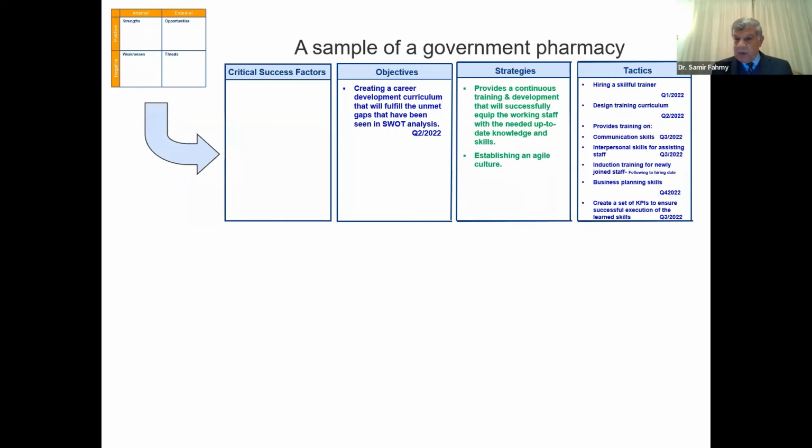Then you will put the execution KPIs: how can you assess the progress of your plan for you and your co-working colleagues in the same department? Then you can have what we call a full process that you guarantee its success.